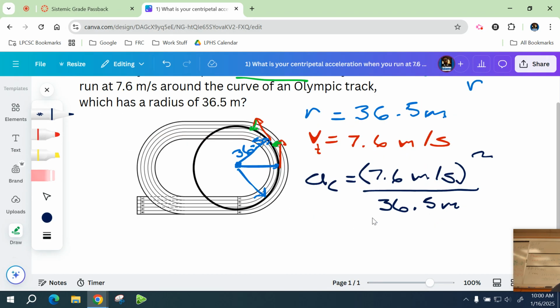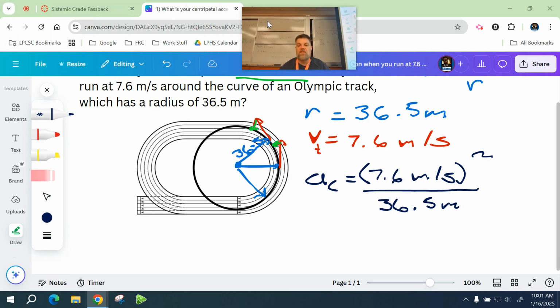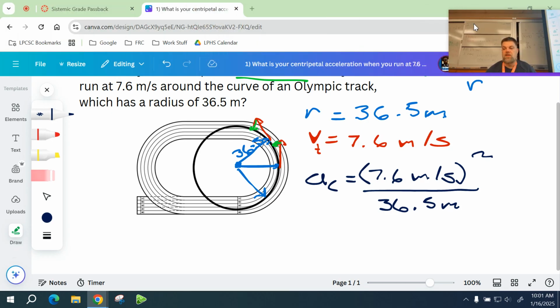Let me slide that up for those of you in the back if you can't see it. All right? So now if you plug that into a calculator, this ends up approximating to roughly 1.58 meters per second squared.